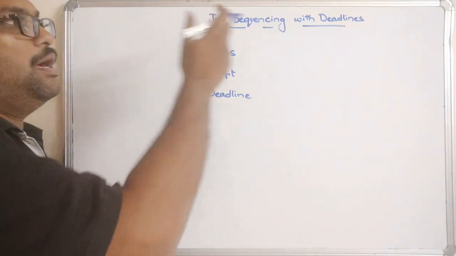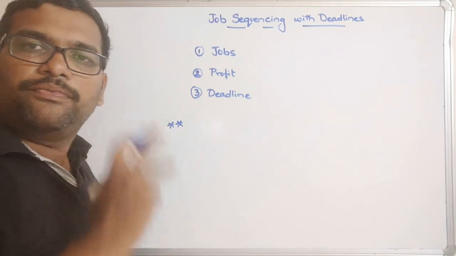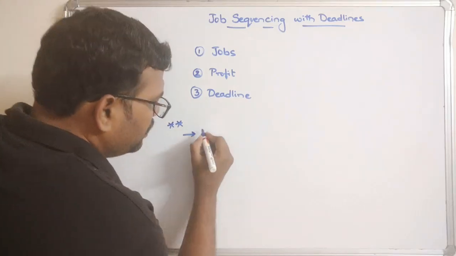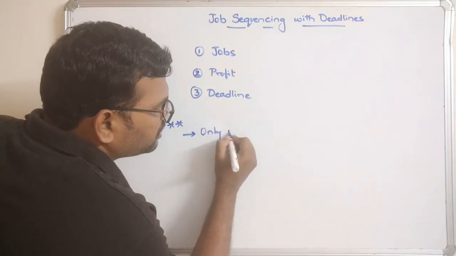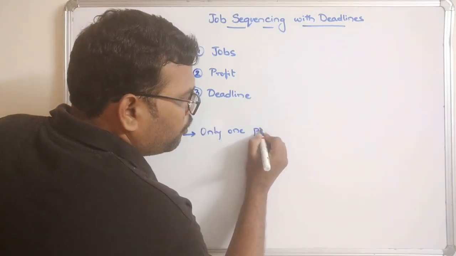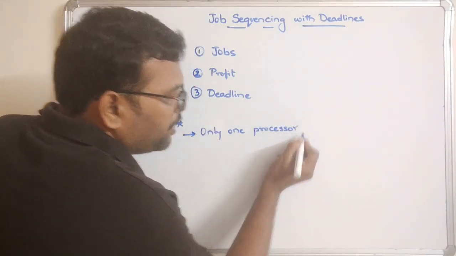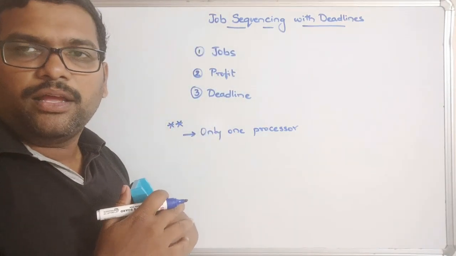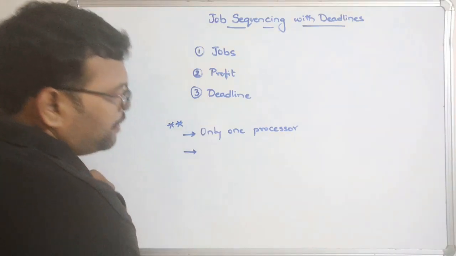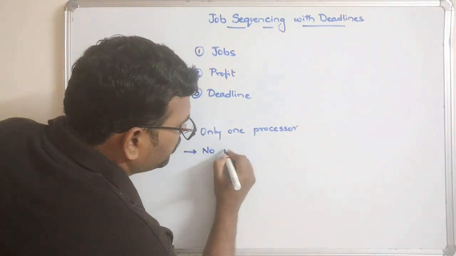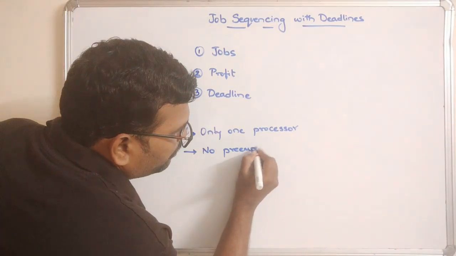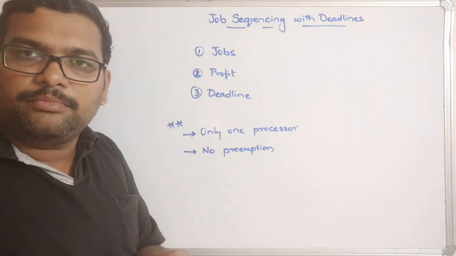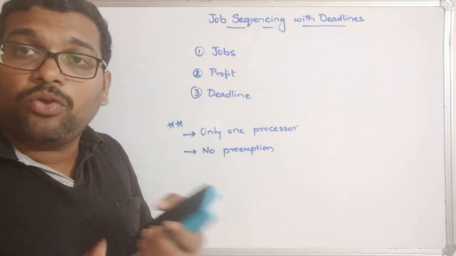Before going for the solution for this job sequencing, the first point we need to remember is that there is only one processor. We are going to execute on only one processor, so one processor will have to execute all the jobs. Then, no preemption. If you are aware of scheduling algorithms, you might know about preemption and non-preemption.